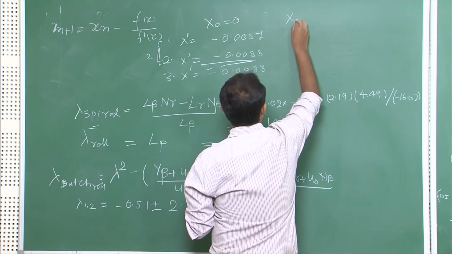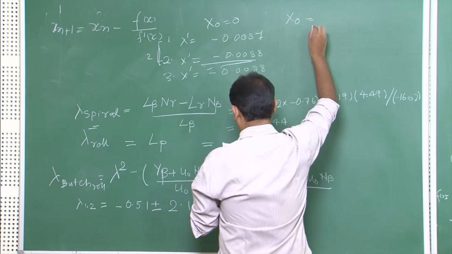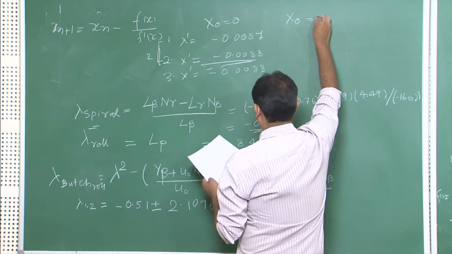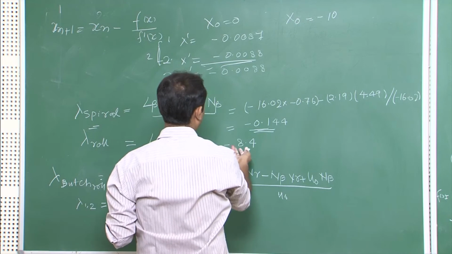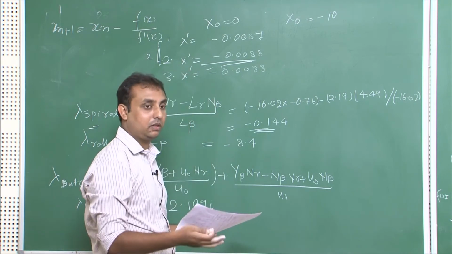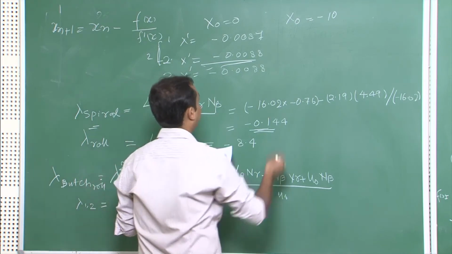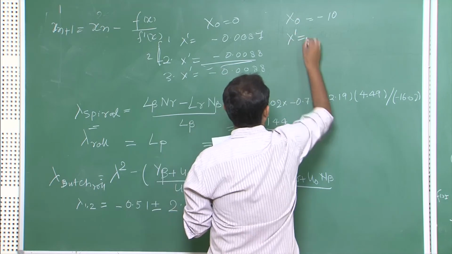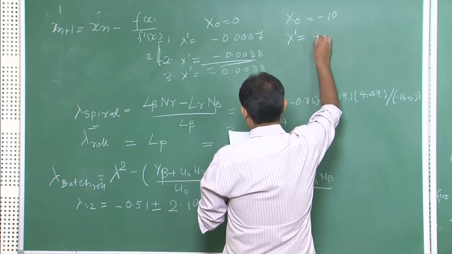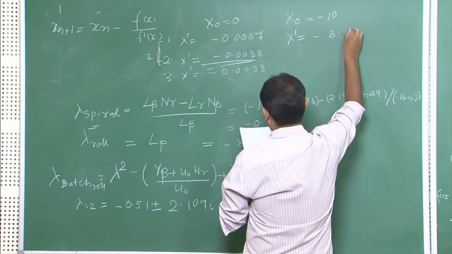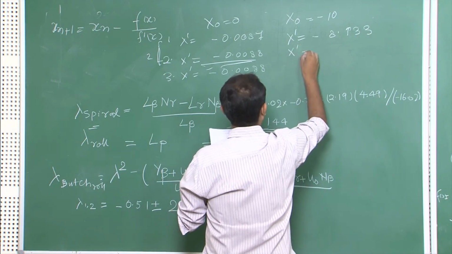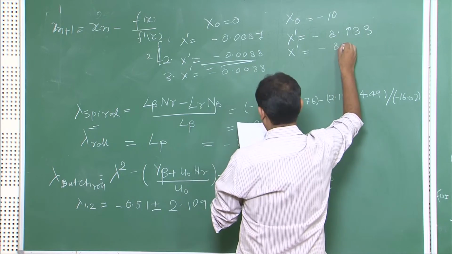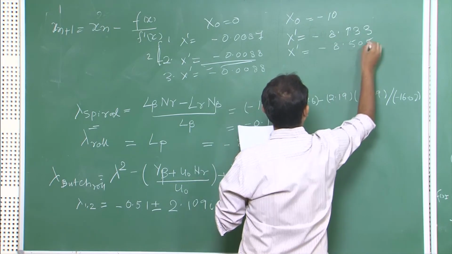For the second root, now let me put x naught equals minus 10. You can put minus 9 or minus 8, it will converge very fast, but let me put minus 10. My first iteration will give me minus 8.933. Second iteration will give minus 8.505.